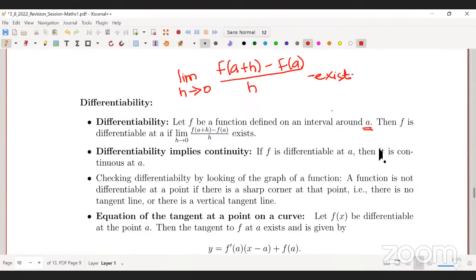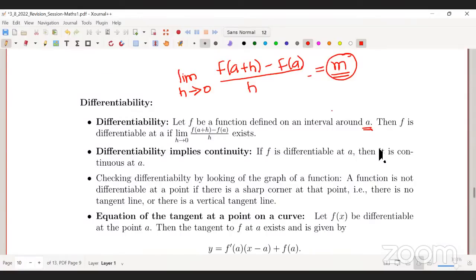And whatever the limit is, if the limit is m, then you say that the derivative of the function at x equal to A is m.